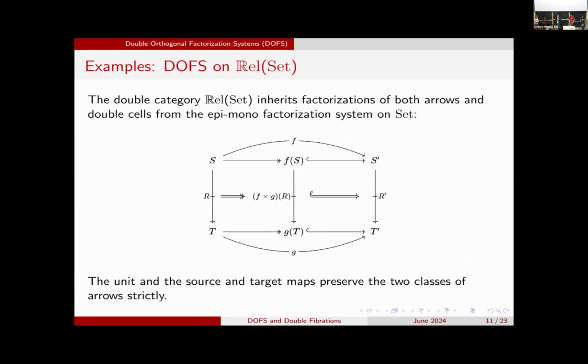As another example, let's look at the double category of relations over the category of sets. Now, the category of sets has a pretty well-known orthogonal factorization system given by epi-mono factorization, and the double category of relations inherits this in a canonical way. The source and target maps in this situation preserve the two classes of arrows strictly, which is nice.